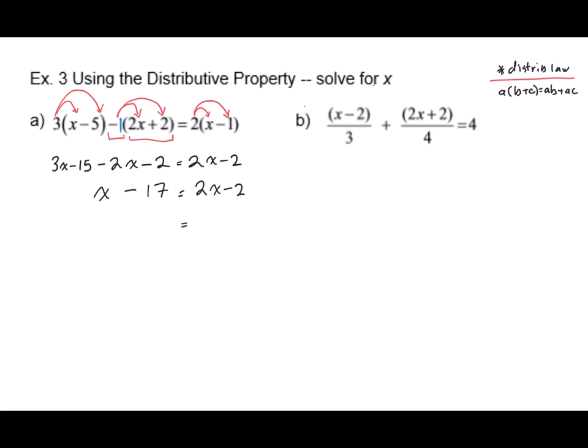So now we're going to move the 17 to the other side, and we're going to get x minus 2x is equal to negative 2 plus 17. So use some form of cancellation in order to keep track of what you're subtracting and simplify. At the final answer, you're going to get x is equal to negative 15.